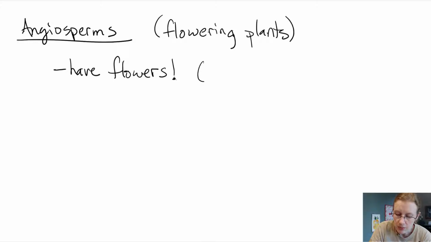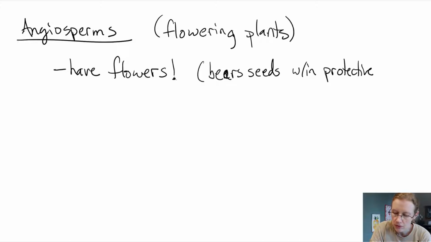So this ends up leading to the plant bearing seeds within a protective ovary, or ovaries. Okay, and the presence of the ovaries is what sets the seeds of angiosperms apart from the seeds of gymnosperms. They are stored in a different structure.